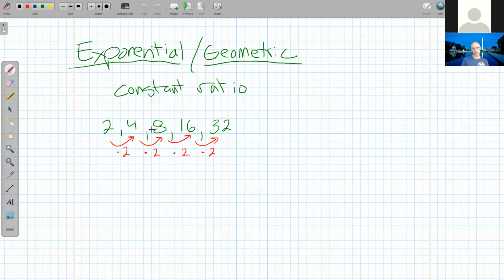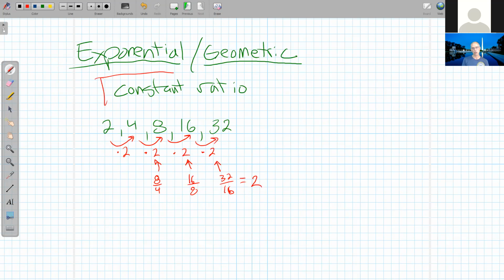And these are called consecutive ratios because that ratio of 2 right there is 8 divided by 4. And that particular 2 right there is 16 divided by 8. And that particular 2 right there is 32 divided by 16. If you take any pair of numbers next to each other and you divide them, larger divided by smaller, you're always going to get 2.